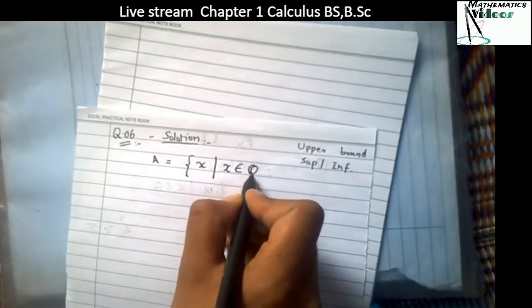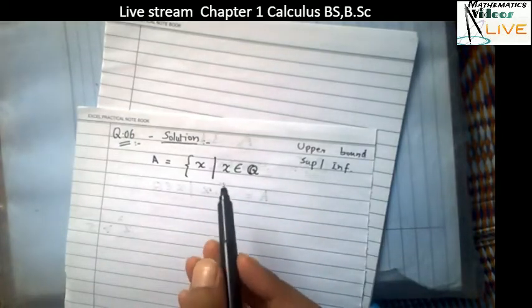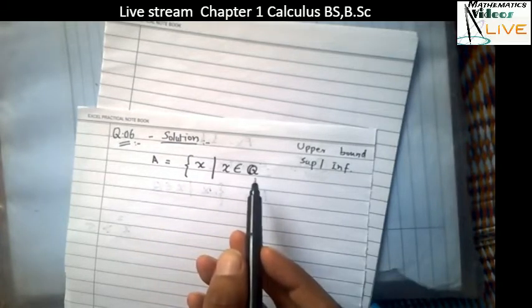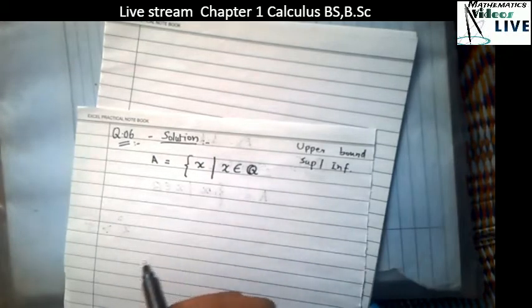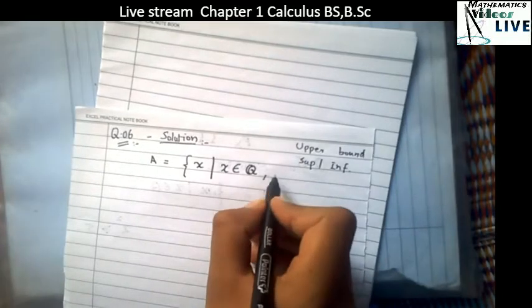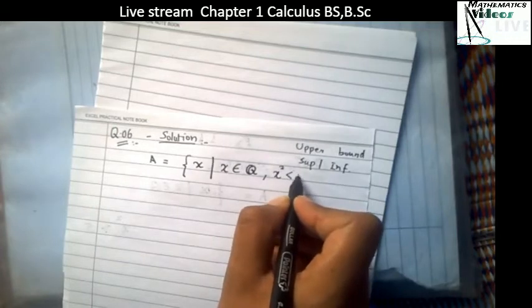Here, for example, we can choose a set A defined by x, all of the elements of this set, such that x are members of Q, where Q is the set of rational numbers.